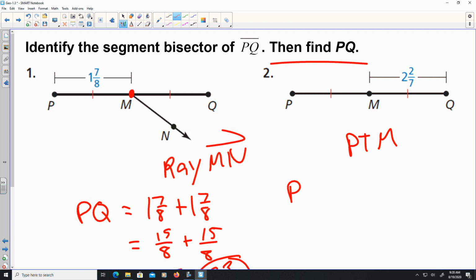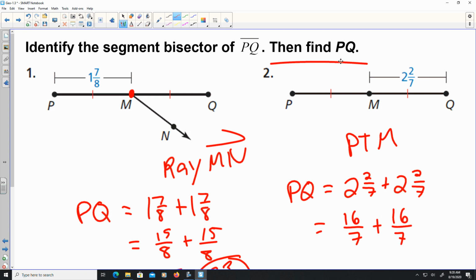For number 2, we want PQ. Same idea. It's going to be 2 and 2/7 plus 2 and 2/7. Like the previous example, make it into an improper fraction. So it's going to be 16/7 plus 16/7.